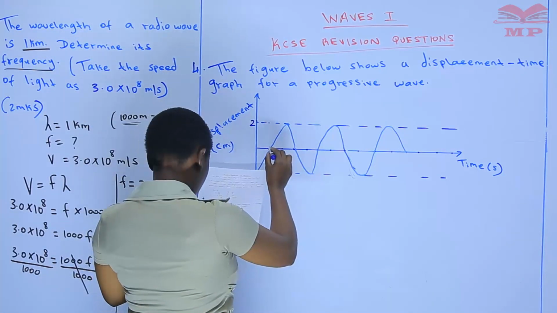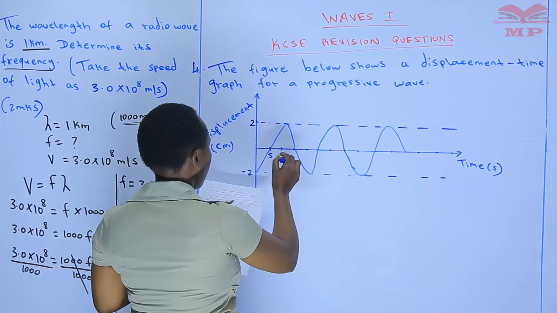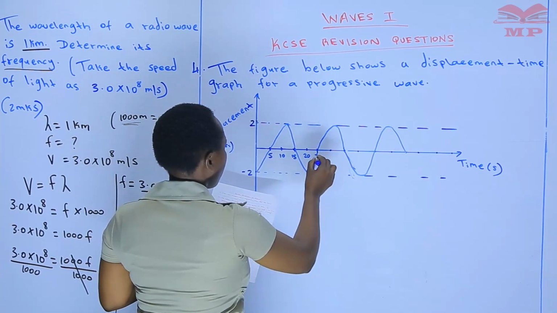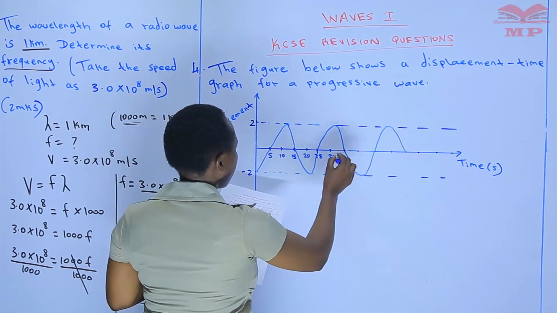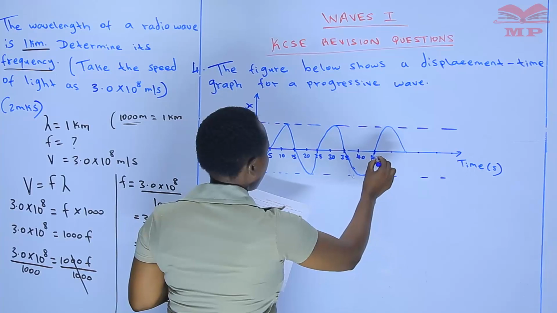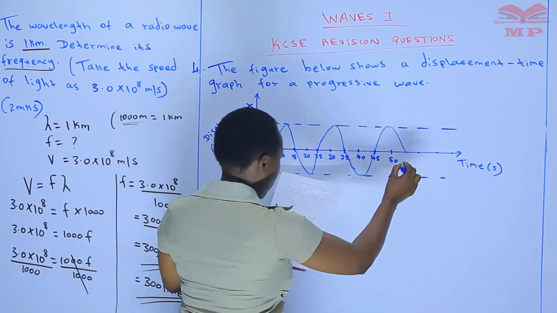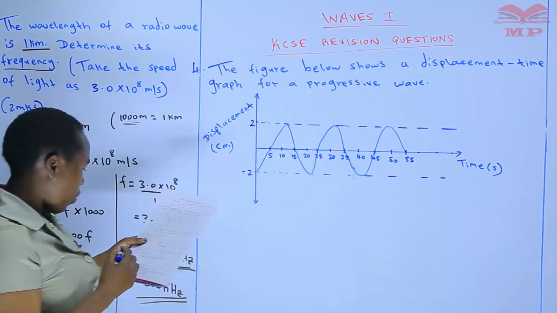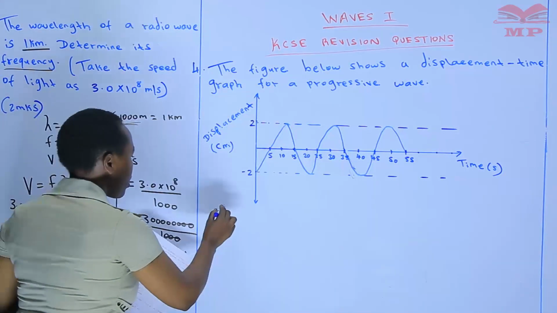Here we are having 5, 10, 15, 20, 25, 30, 35, 40, 45, 50, and finally 55. So our questions are as follows. Number 1.